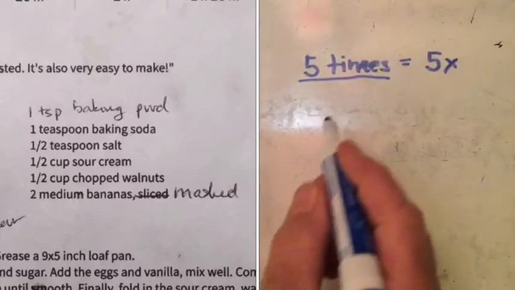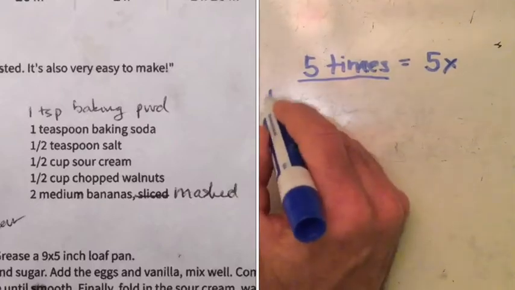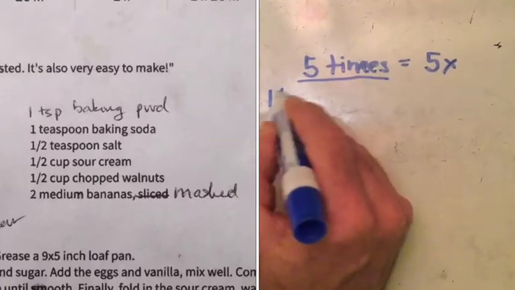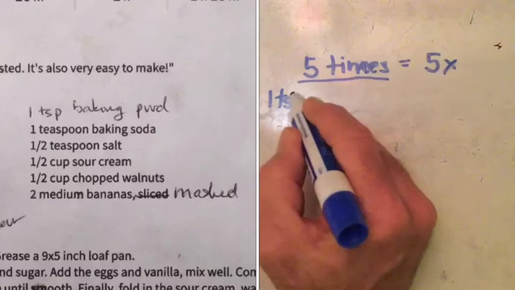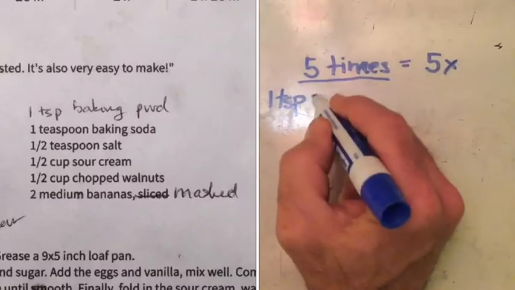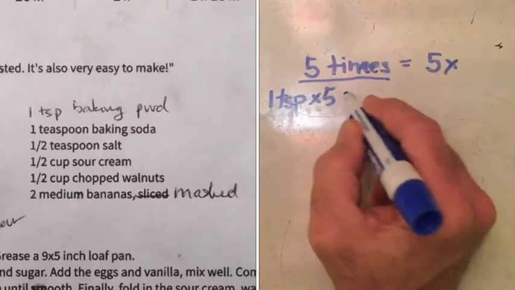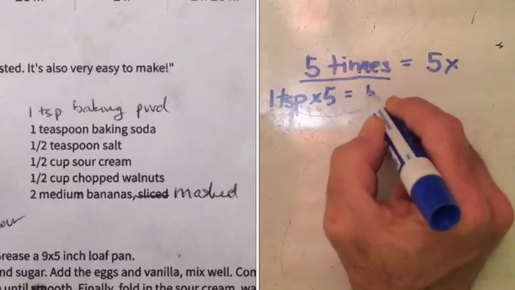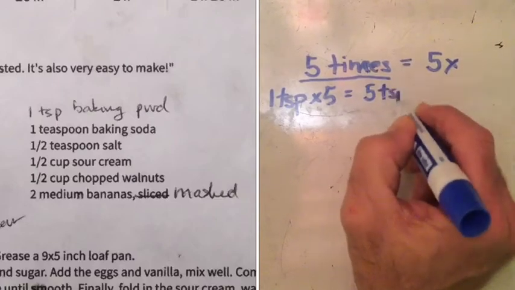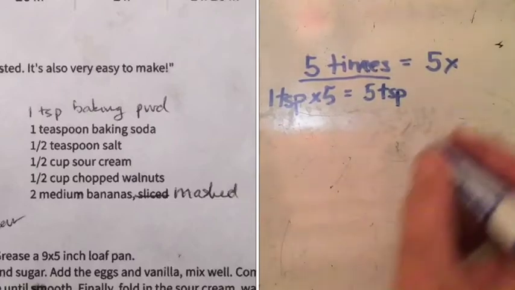So with the baking powder, it was 1 teaspoon of baking powder. We're going to multiply that by 5, which should be easy enough to say 5 teaspoons of baking powder.